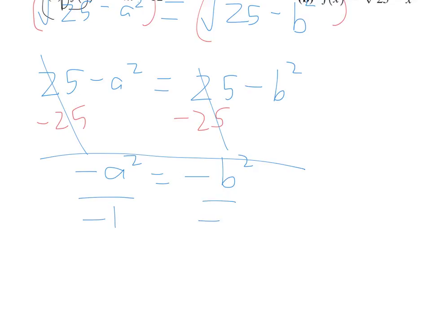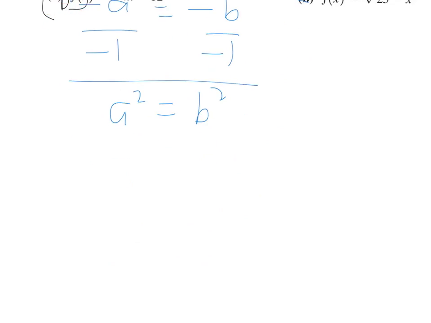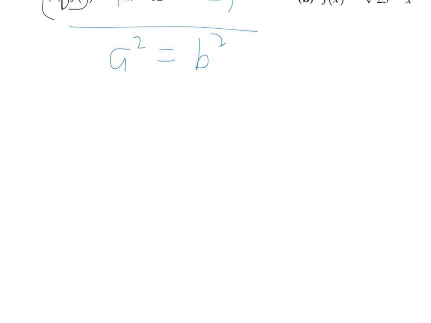Divide both sides by -1, and that tells you that a squared is equal to b squared. If you take the square root of both sides, the square root of a squared, which is positive or negative a, is equal to positive or negative b.